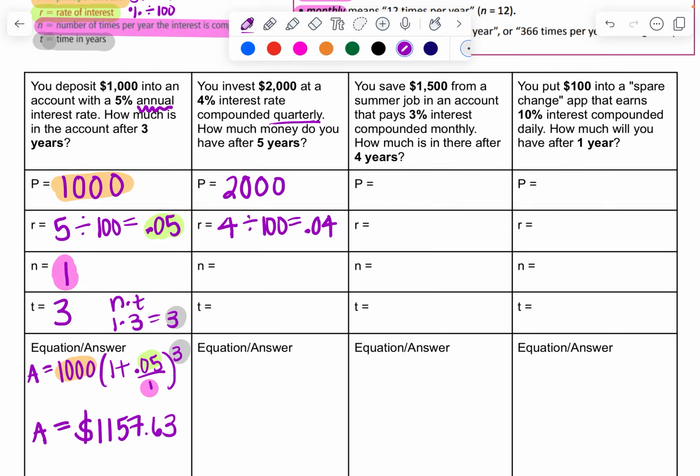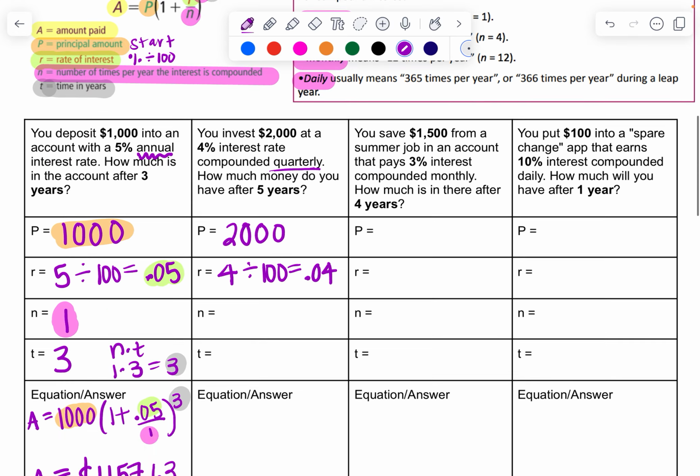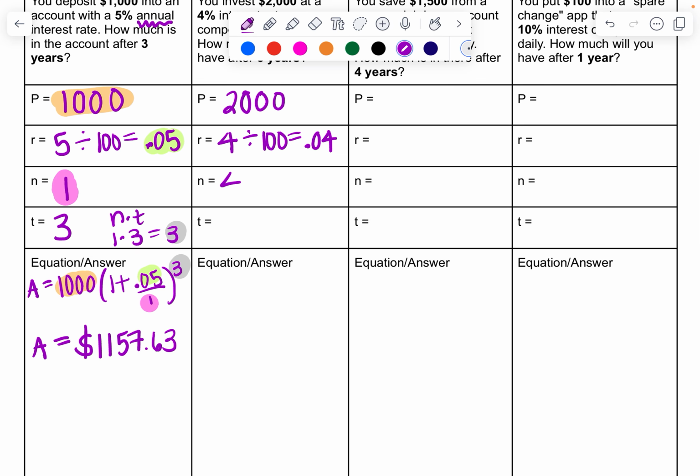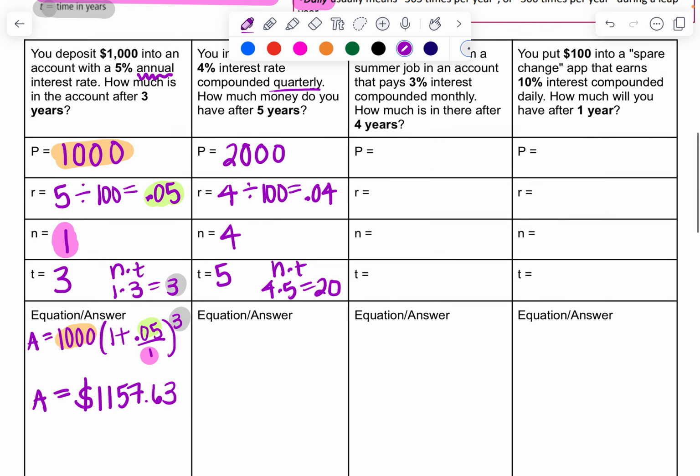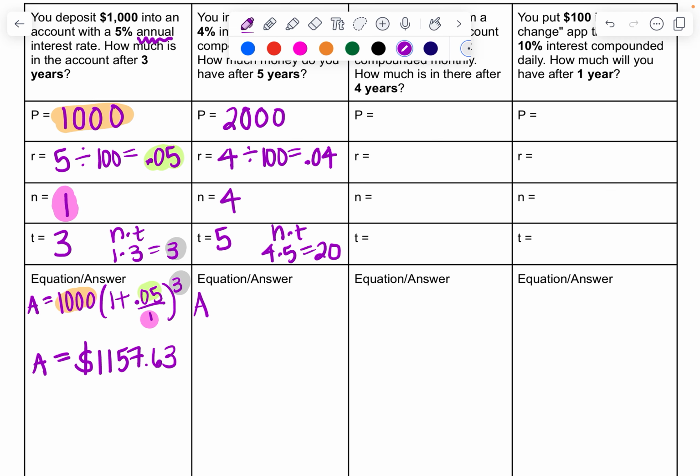Compounded quarterly. Up here, quarterly means N equals 4. How much money do you have after 5 years? So in this case, T is 5, but I need to do N times T for my equation. So 4 times 5 is 20. So if we write this, A equals our starting value times 1 plus our rate divided by our N. So 0.04 divided by 4 to the power of N times T, so to the power of 20.